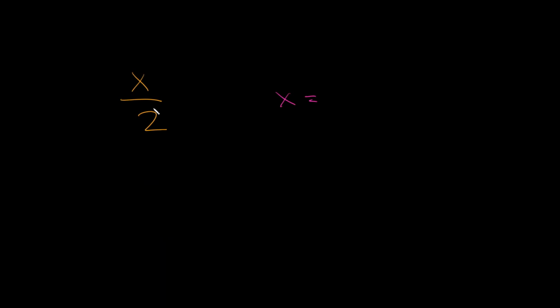Okay, so let's try x over 2 one more time. But now let's say x is equal to negative 10. Okay, so that means I'm going to plug in negative 10 for x right here. So instead of x over 2, I'm going to have negative 10 over 2. Now we have a negative number, right, divided by a positive number.